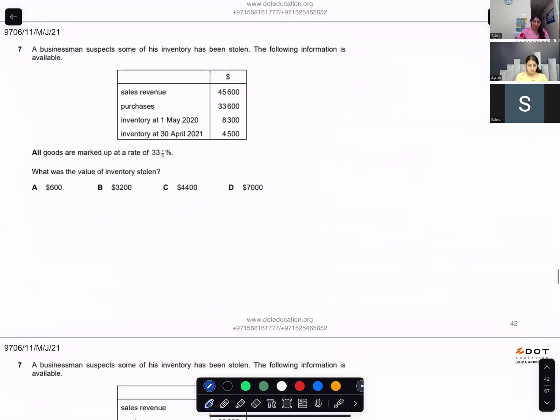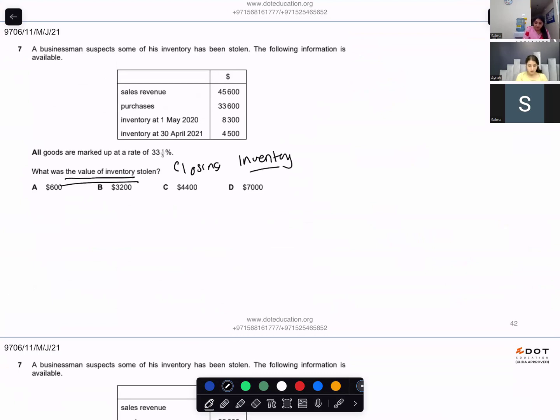Next. Okay, so they want us to find the value of inventory stolen. A business suspects that some of its inventory has been stolen. The following information is available. All goods are marked up at a rate of 33 and 1/3%.